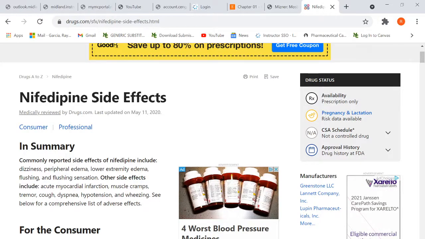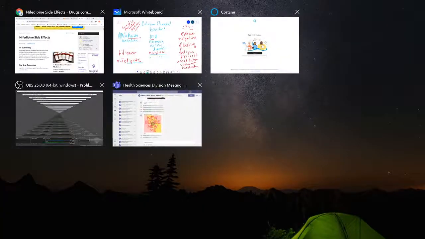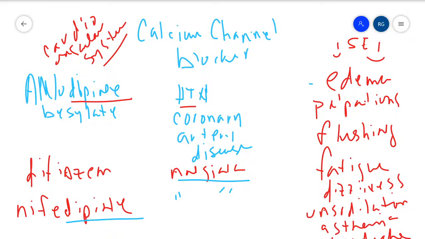So for the most part, dizziness and flushing are about the same. We could put peripheral edema, lower extremity edema, or I would just say edema, honestly, which is the same side effect.